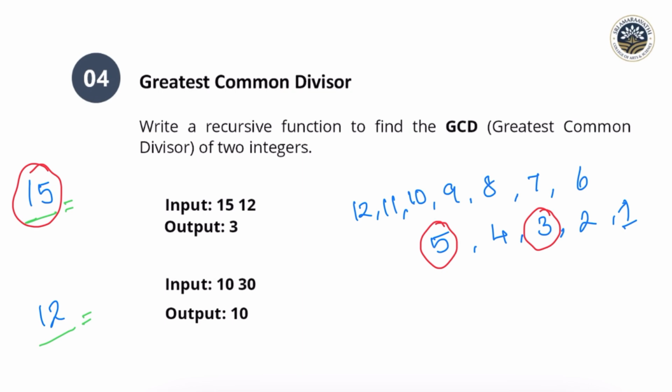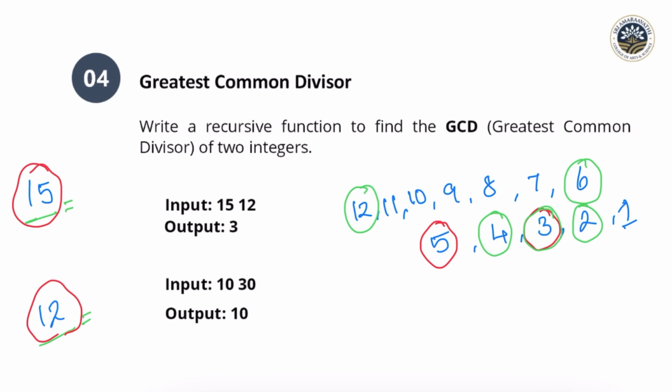Then if you take 12, what are all the numbers that will divide 12 and give the remainder 0? 12 will do, and then 4, and then 3 and 2, and 6 also will do, right? These are the numbers that give remainder 0 when dividing 12.